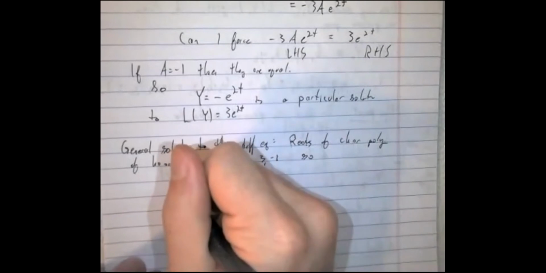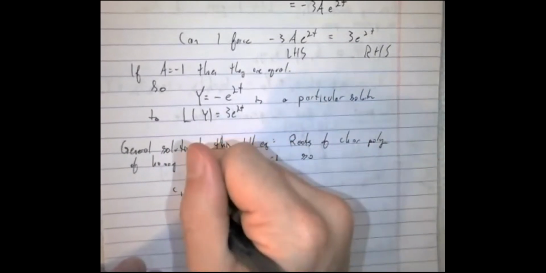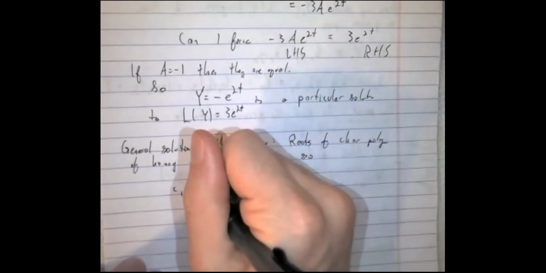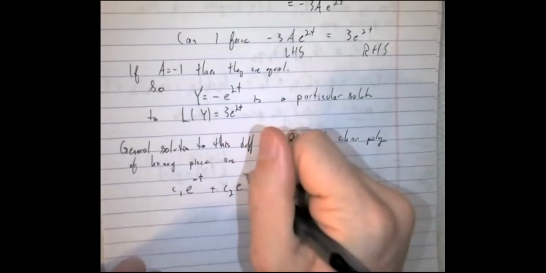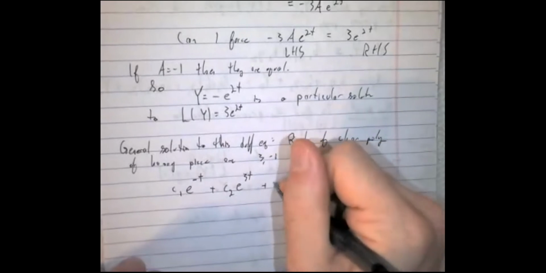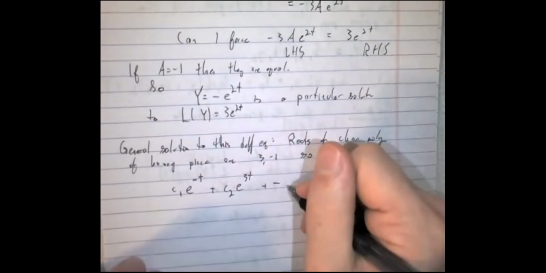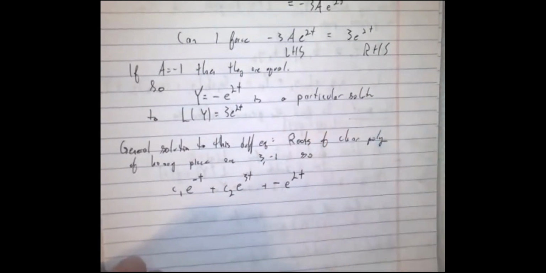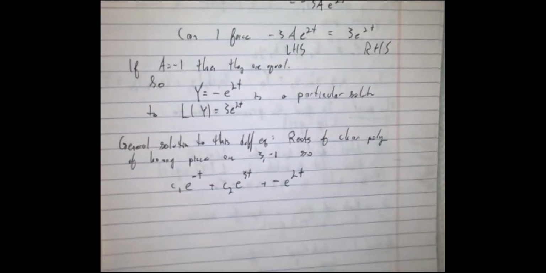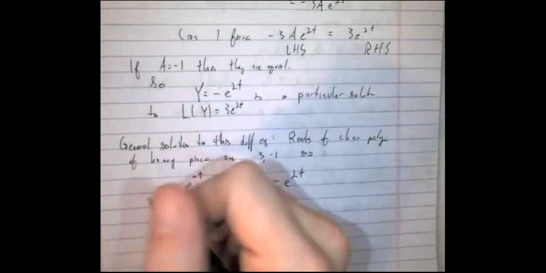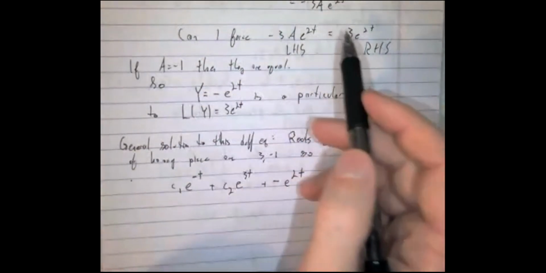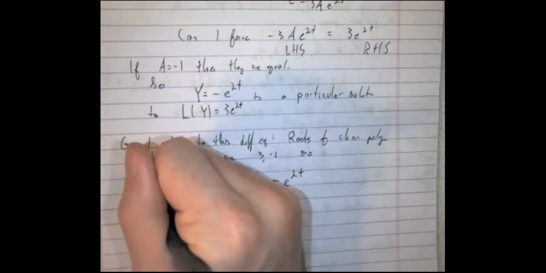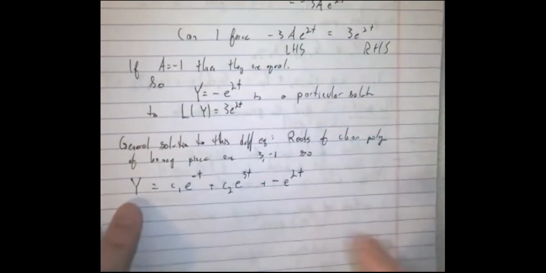So the general solution is C1 e to the negative t plus C2 e to the 3t plus negative e to the 2t. I already wrote y for something, but I'll abuse notation and say this is the general solution.